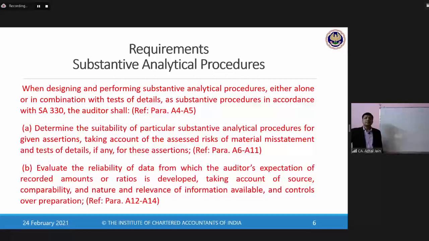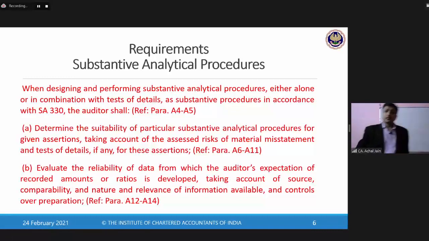First, determine the suitability of particular substantive analytical procedures for given assertions, taking account of assessed risk and the test of details, if any. Number two, evaluate the reliability of data from which auditor's expectation of recorded amounts or the ratios is developed, taking account of source, comparability, nature, relevance of information, and the controls over preparation.